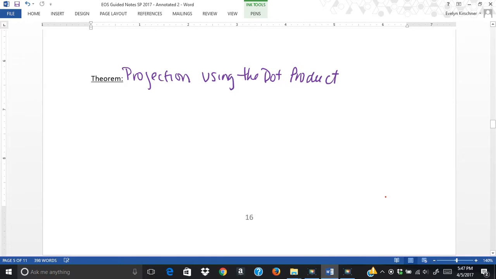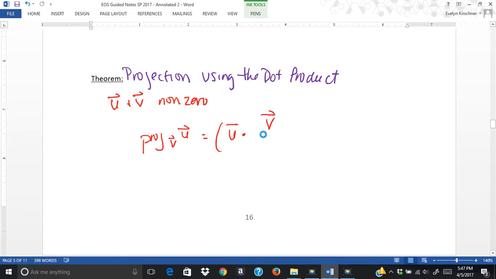So I can find this projection using the dot product. There's a way to find it. So I have u and v again, non-zero. And then I know that the projection of u onto v is the same as the dot product of u and v by its magnitude times v.